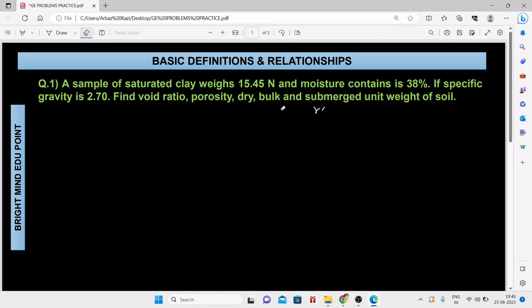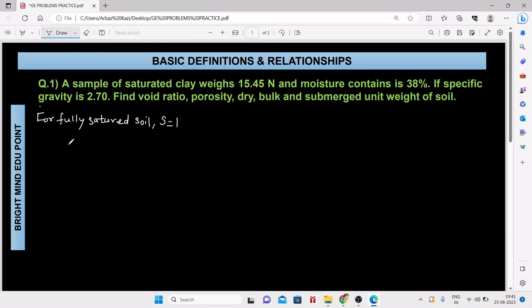this particular example. So first, since this soil sample is fully saturated, for that fully saturated soil sample, the value of S is to be taken as 1.